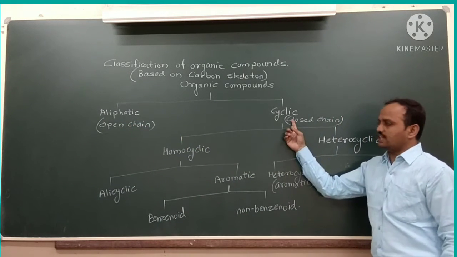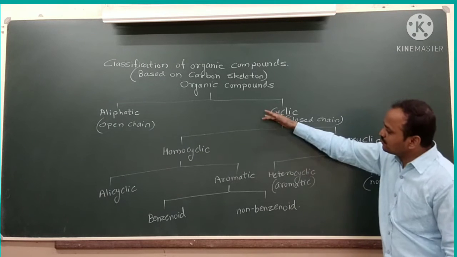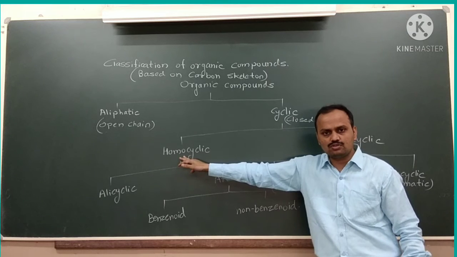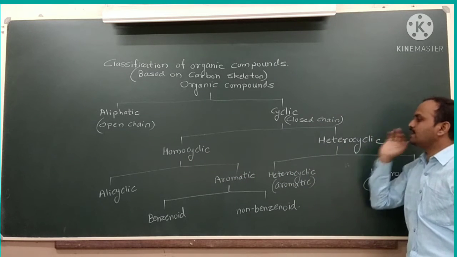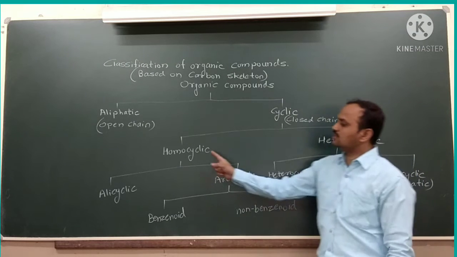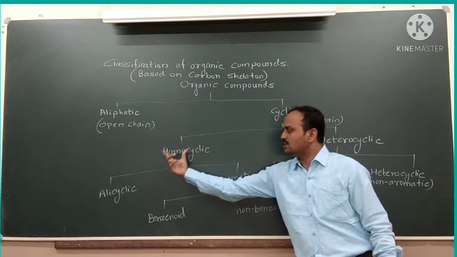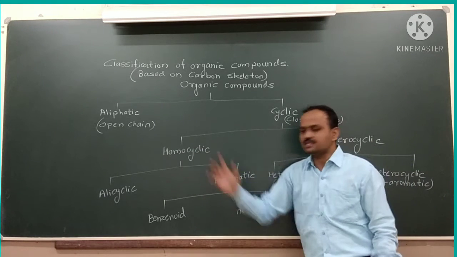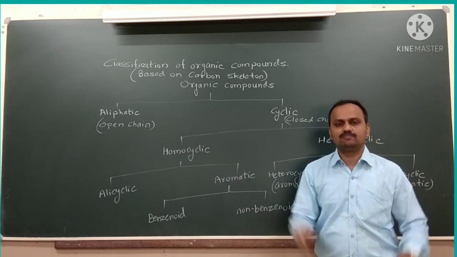In closed chain or cyclic compounds, further classification is done as homocyclic compounds and heterocyclic compounds. Students, here one important thing we should consider is the meaning of homo and hetero. Homo means containing the same element.